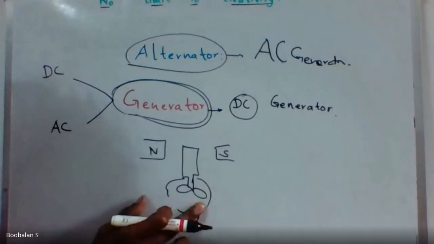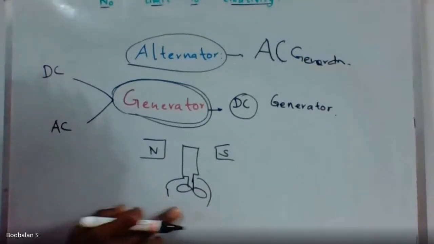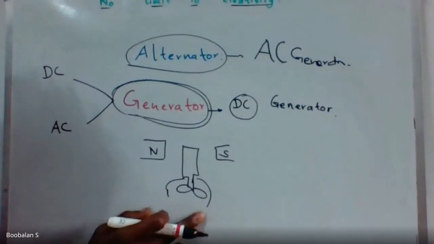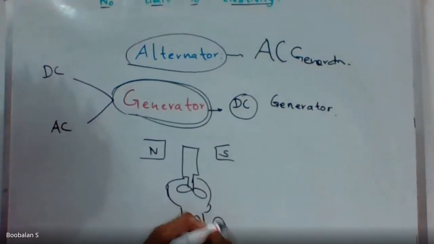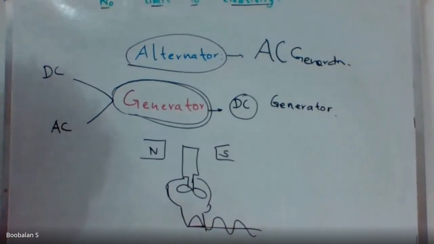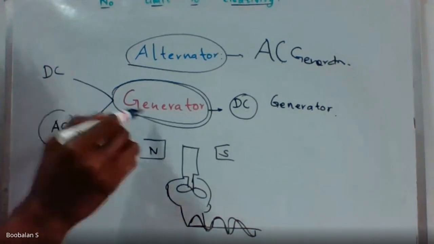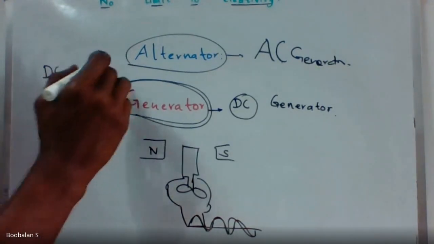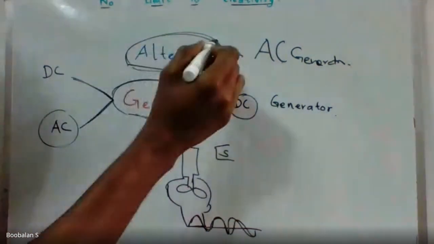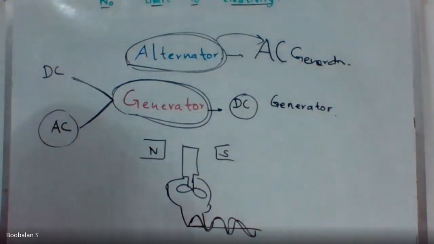By changing this copper split ring arrangement, you get DC; without the commutator you can only have the alternating power supply, which is called AC. So a generator is capable of generating AC and DC, but an alternator is able to generate only AC. This is the basic fundamental difference between a generator and an alternator.